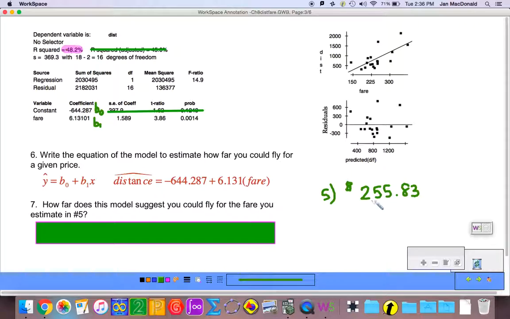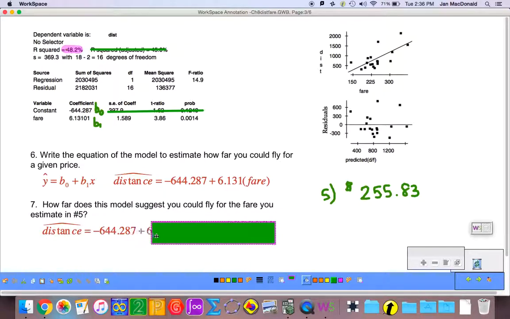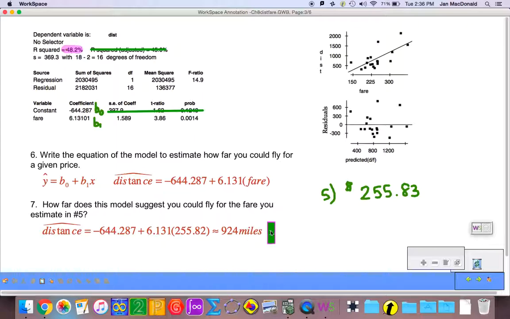Okay, that was the fare we estimated in question 5 above. So let's plug it in. The predicted distance that we could travel if we had $255.83 to spend would be approximately 924 miles. Notice that's slightly different than the 1,000 miles we got in question number 5.